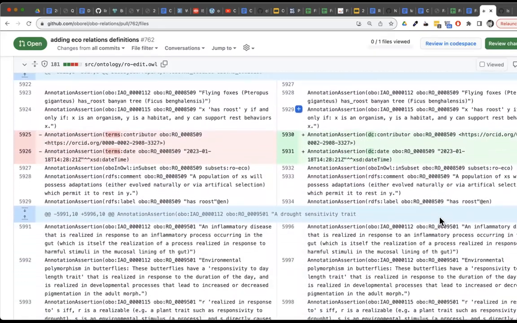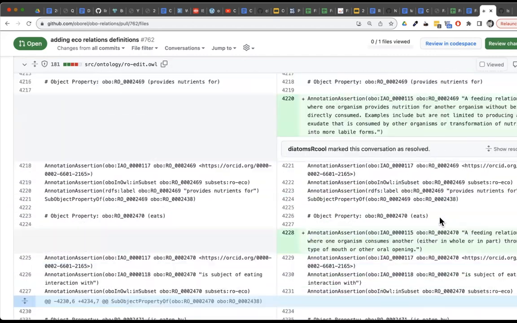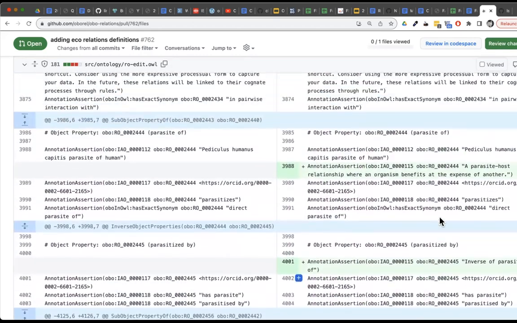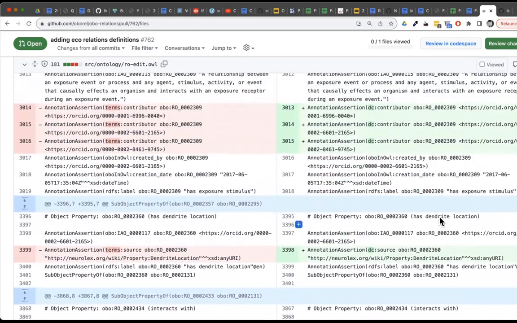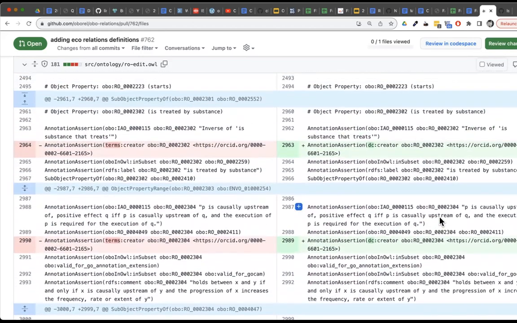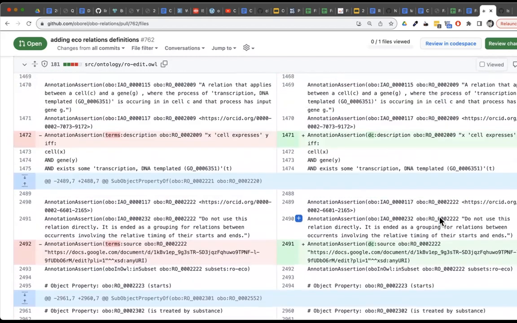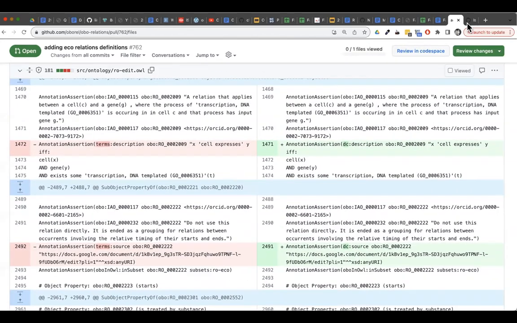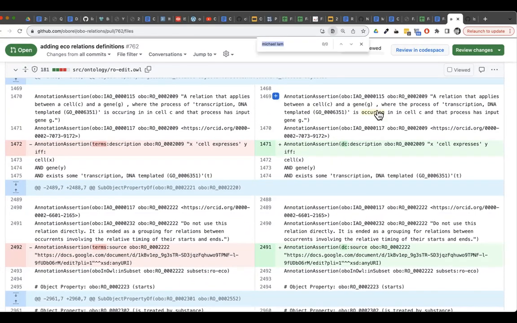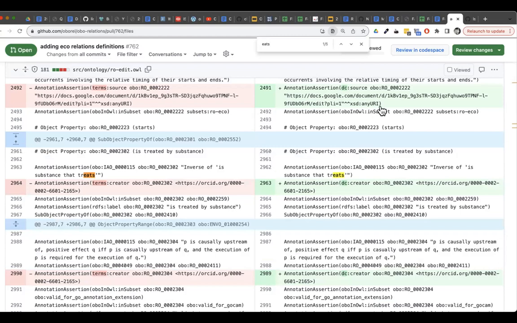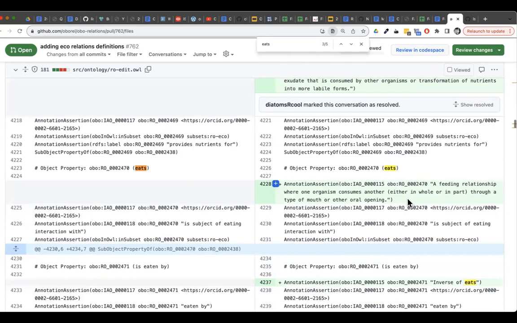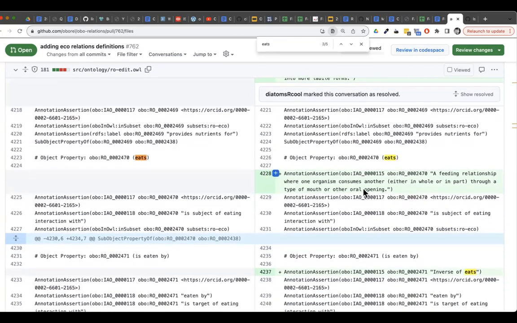FoodOn actually hasn't even imported eats yet. All right, maybe I should search. Eats. Okay. A feeding relationship where one organism consumes another, either in whole or in part, through a type of mouth or other oral opening.